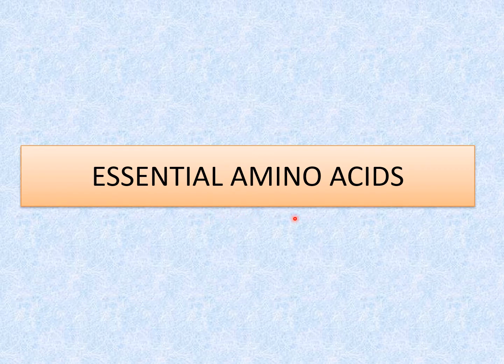Now it's time to talk about the essential amino acids. Again, they are called essential amino acids because the body cannot create them, cannot produce them. Hence, we need to eat food sources in order to get the essential amino acids from them.